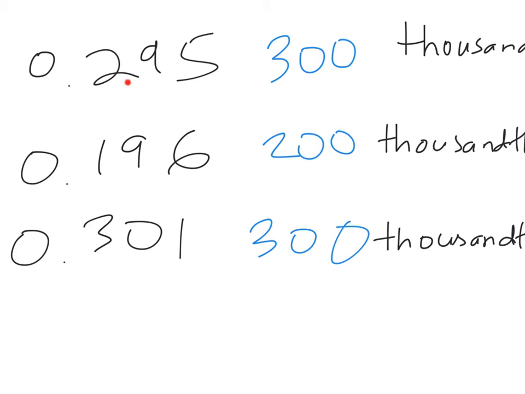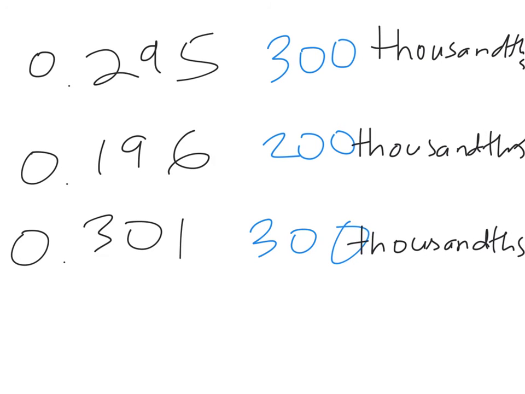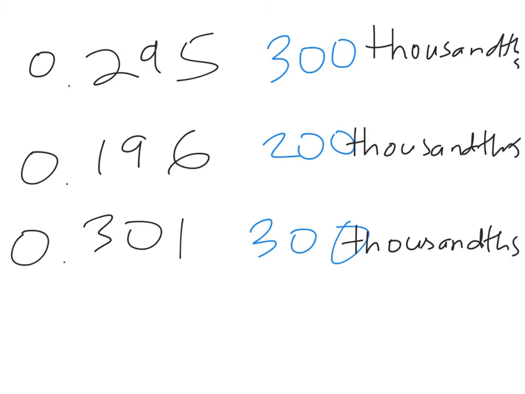If I were to ask you to add and find the sum of these decimals right here, 295 thousandths, 196 thousandths, 301 thousandths, I bet it would be pretty difficult to do, even if you had a scratch piece of paper. However, if we estimated and rounded to this, could I now ask you to do mental math and tell me what the sum would be if you estimated 300 thousandths, 200 thousandths, and 300 thousandths?